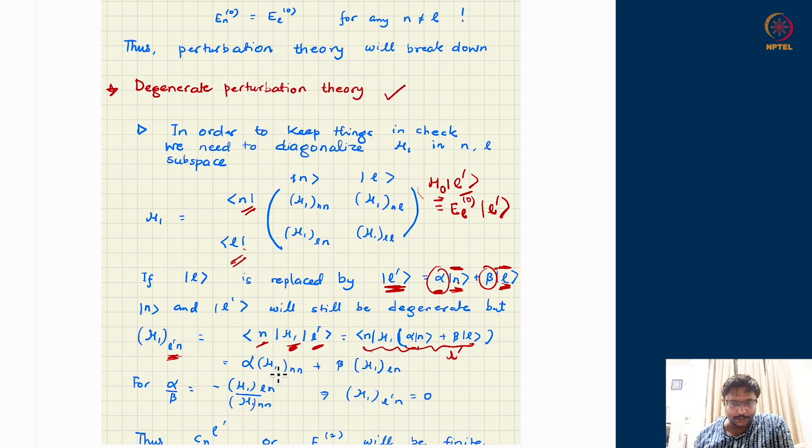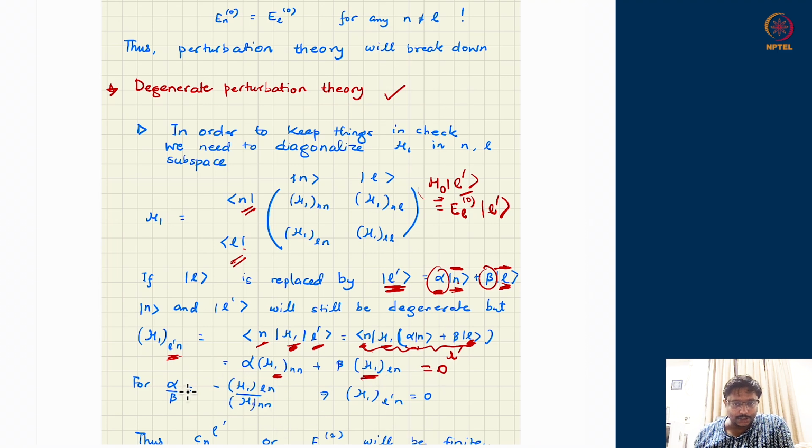This term is nothing but H1NN, and the second term is nothing but H1LN, because L comes from the left, H1 is in the middle, N is from the right. The other way, L is on the right, H1 is in the middle, N comes from the left. So I get a H1LN. This I want to be 0.